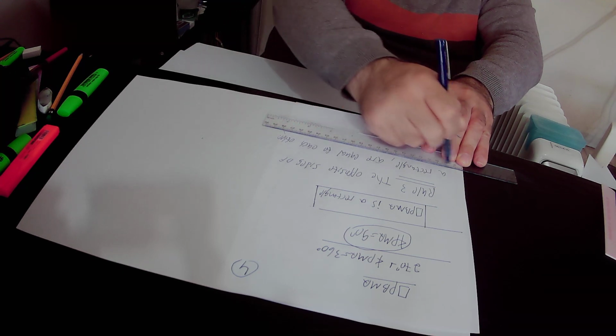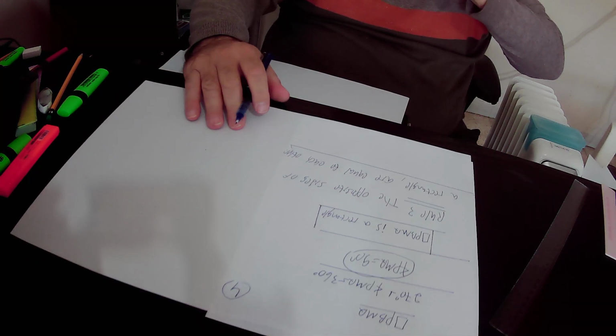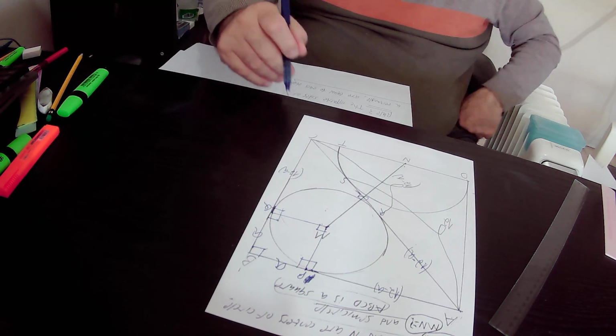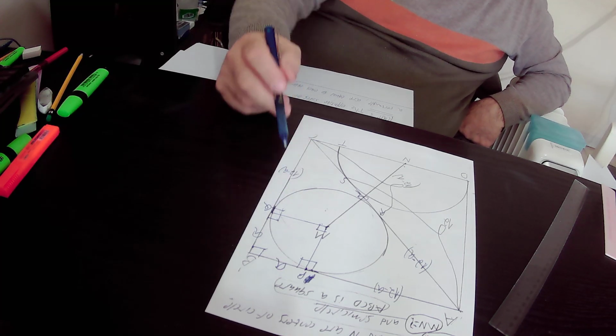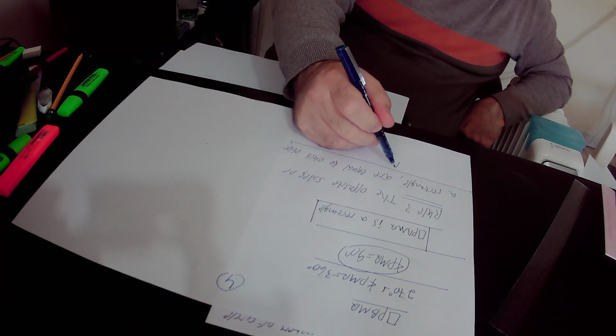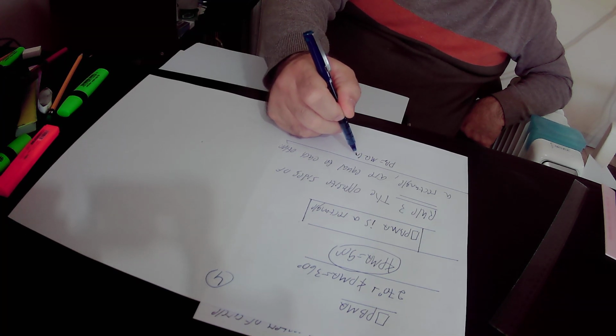I'll write rule number 3 again. According to rule number 3, the opposite sides of a rectangle are equal to each other. Therefore, the opposite sides of rectangle PBMQ, PB and MQ, are equal to each other. That is to say, PB equals MQ according to rule number 3.